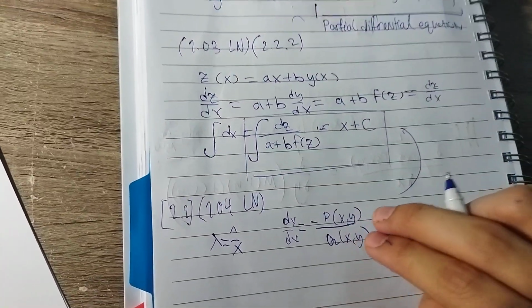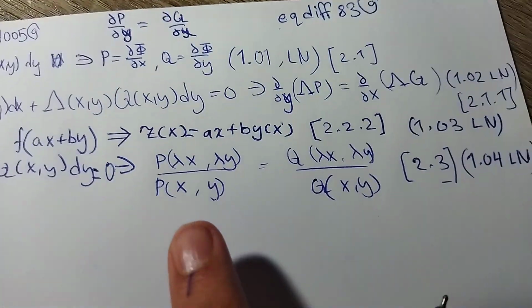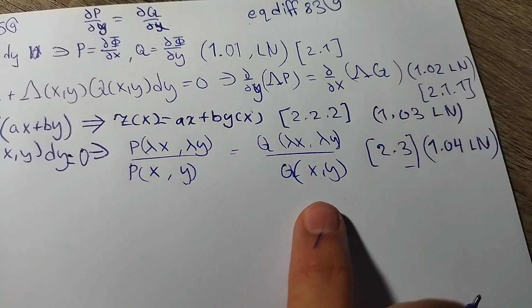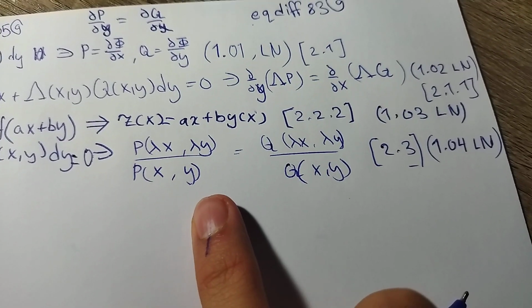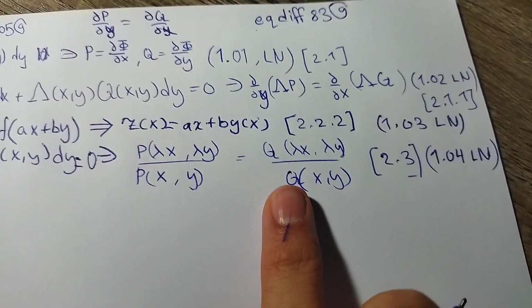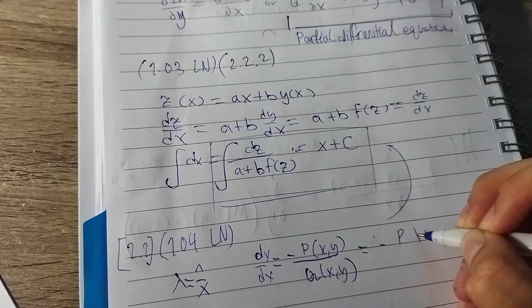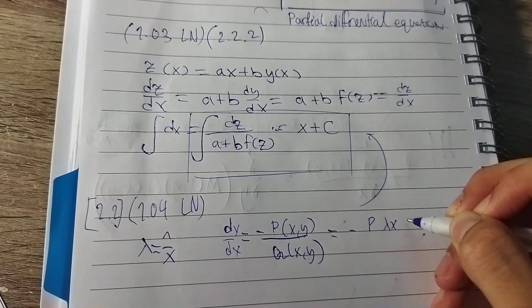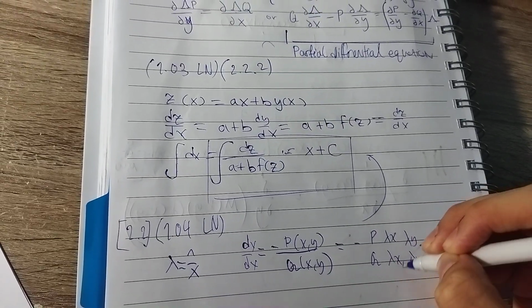And using this relation that we have over here, we can say P over Q of xy is equal to P over Q of lambda x, lambda y. So we set in negative P of lambda x, lambda y over Q of lambda x, lambda y.